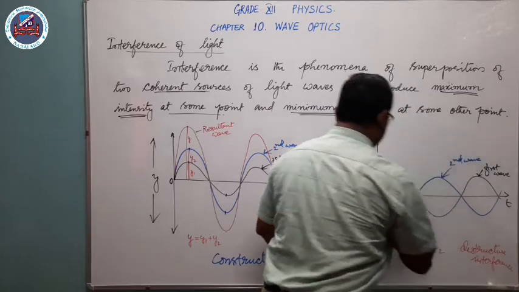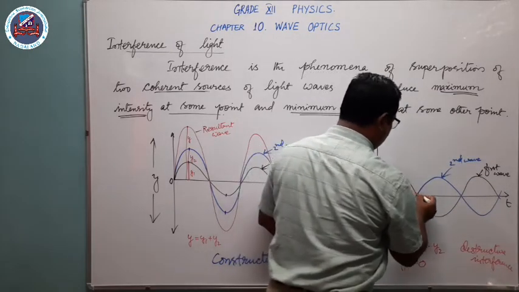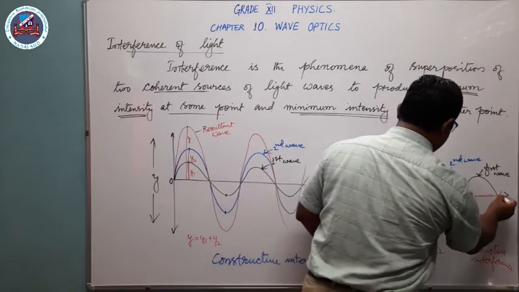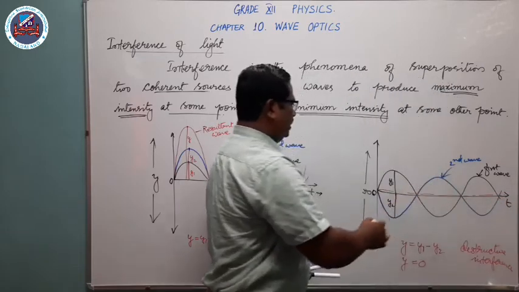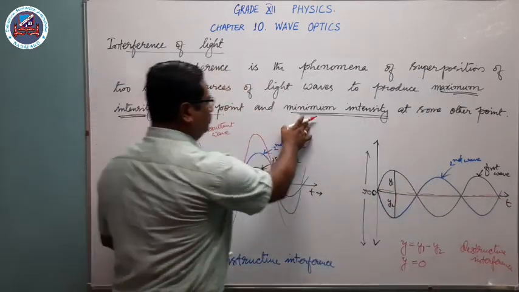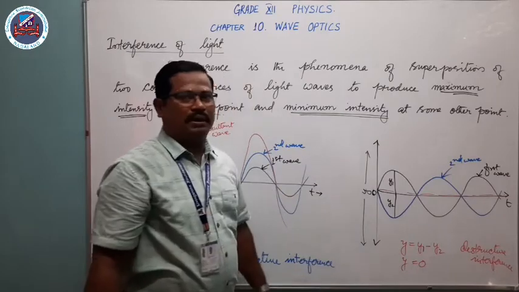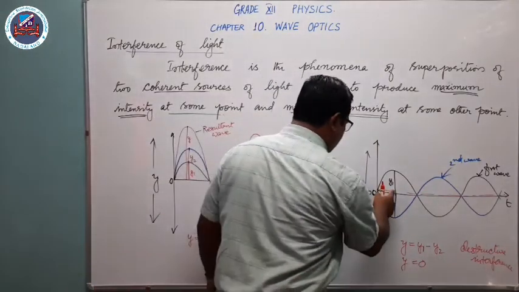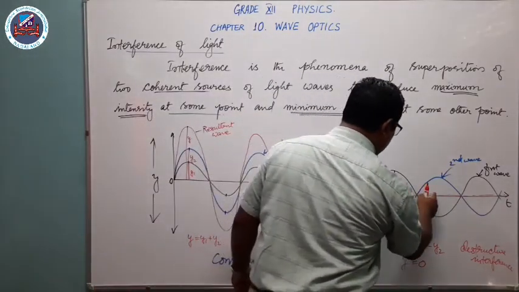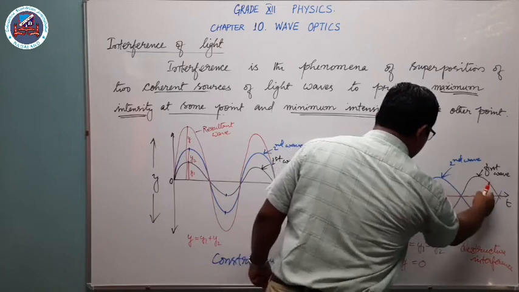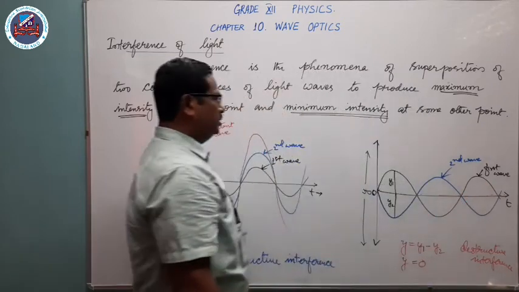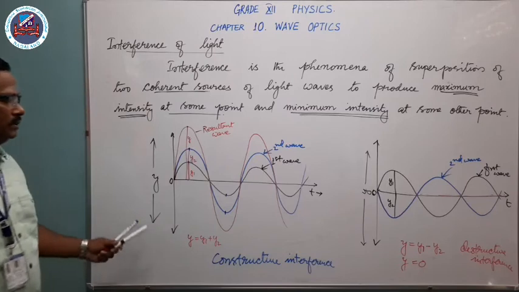Here you cannot see the resultant intensity, or if you see also you cannot see at all. It will become dark. This minimum intensity will become dark. The resultant wave we cannot see at all. Cannot even draw like this also. Completely it will become 0. So this is the two difference.